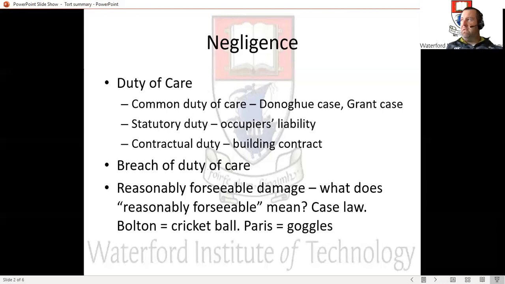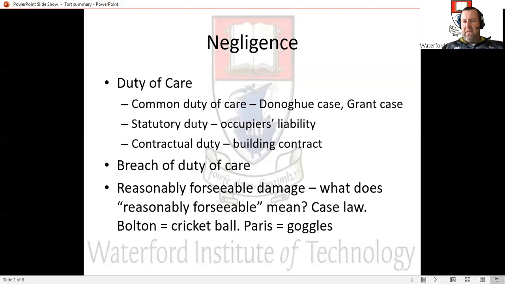They're solid objects. But this had never happened before. So, what were the chances of someone clearing the perimeter fence, number one? And then number two, if they did, what are the chances of pinpointing one individual that might have been passing by or out in the street or whatever? So it was held in that case that her injuries weren't reasonably foreseeable.